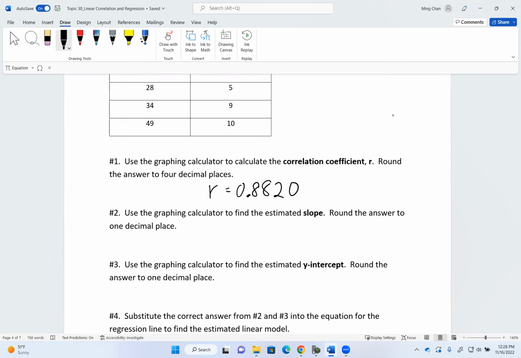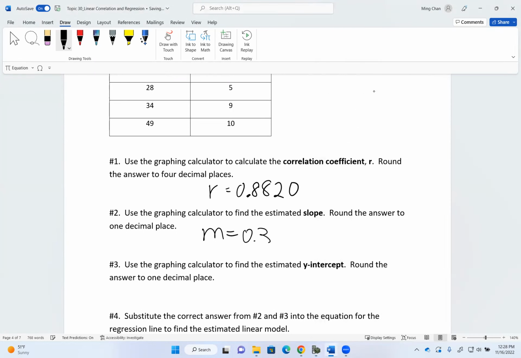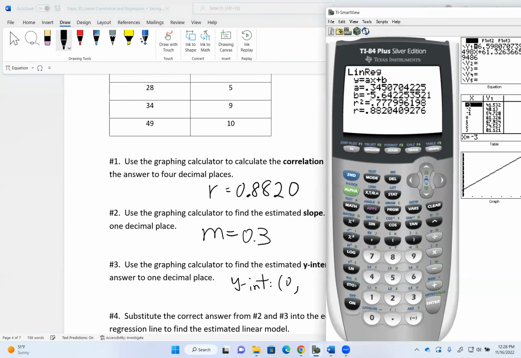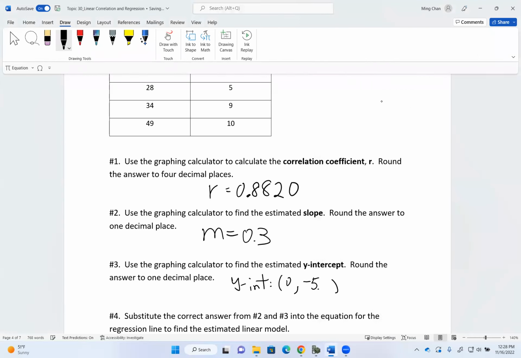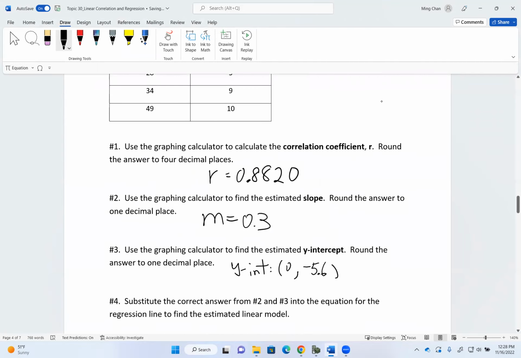All right, estimate our slope M. Slope M is the letter A. One decimal place, so it'll be 0.3. And the y-intercept is the coordinates 0, comma. Y-intercept is negative 5.6. So that means if it's $0, it's going to be negative 5.6 bids.